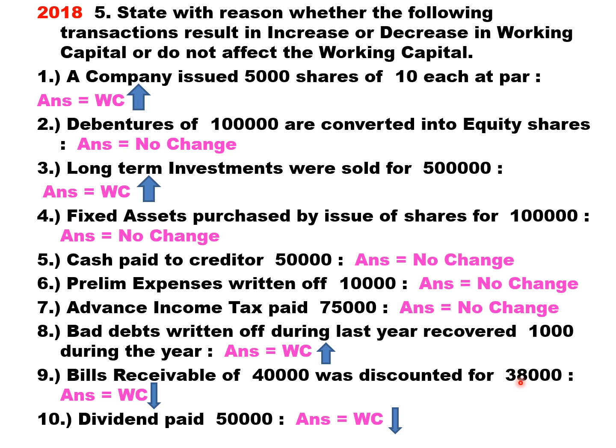So net decrease in current asset is 2,000. Therefore decrease in current asset will result in decrease in working capital. Dividend paid 50,000. When you pay dividend, cash goes out. The two accounts affected are dividend account and the cash account. So when you pay, cash is going out, so working capital will decrease.